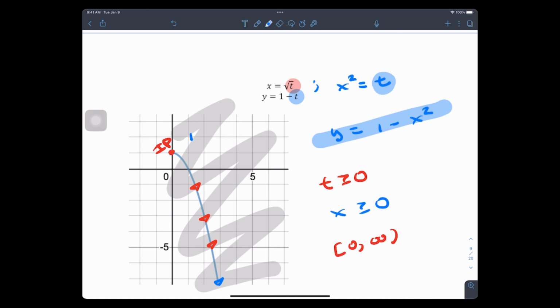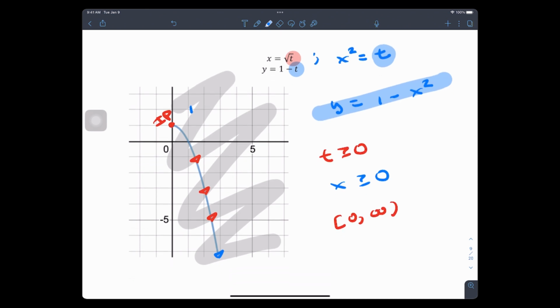But what I'm saying is how you really introduce this from first principles is you tell people, let t be these values, give me the x coordinate, give me the y coordinate, plot the points. And then after a while, you see the points form a shape, and then you go, oh, it looks like it's doing this. That's the same kind of idea in theory for parametric equations. But everything that I did here was computer generated, to draw you a nice picture.